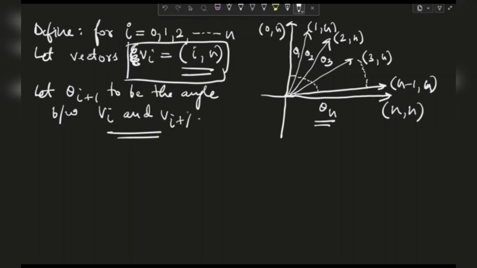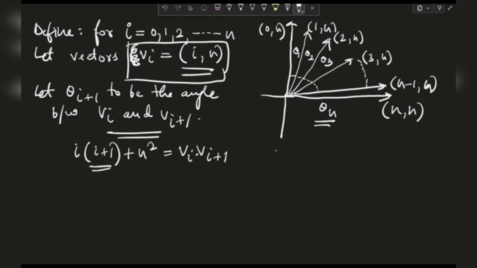Now if you observe carefully from here, we can write something, and that is i into i plus 1 plus n square equals Vi dot Vi plus 1. Basically this is nothing new. We took the dot product of the two vectors, and this is what we will have.